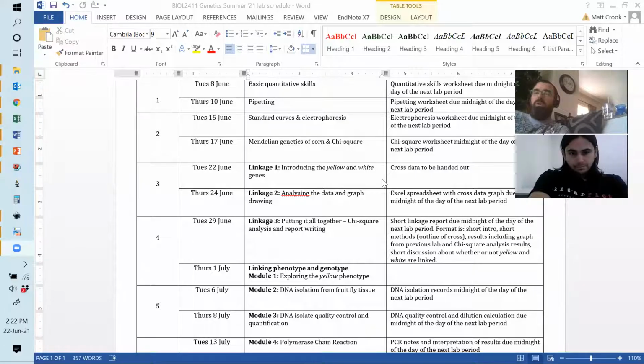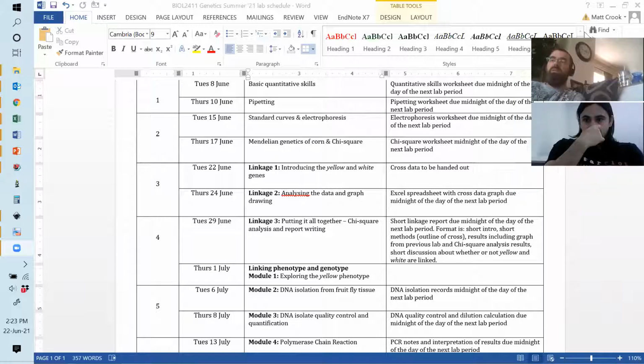So this is the first lab of the linkage lab. Let's share this back again. So today we're just going over the experimental design essentially and some of the language. On this coming Thursday, oh, and also showing you where the data are.